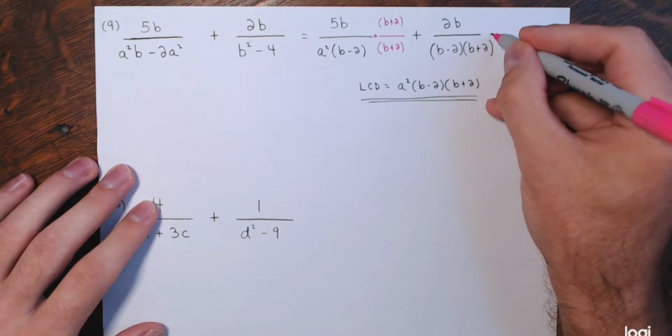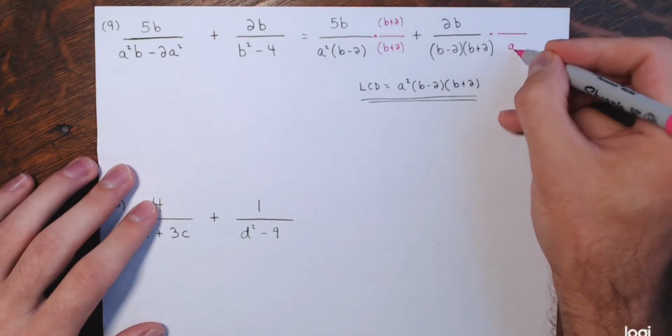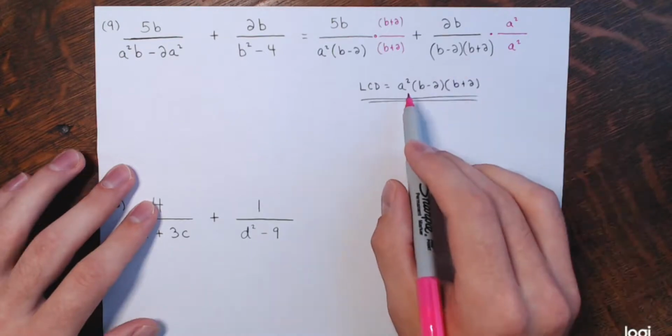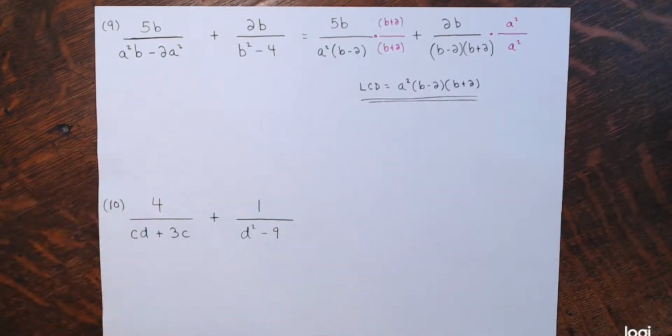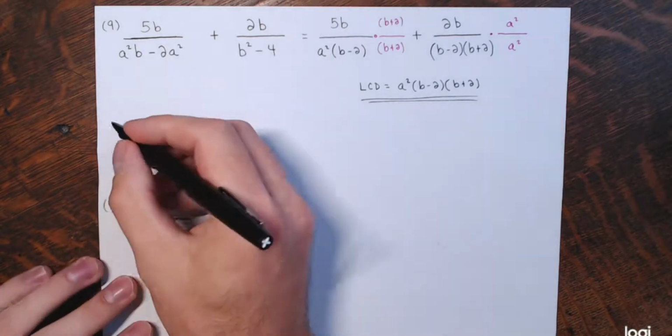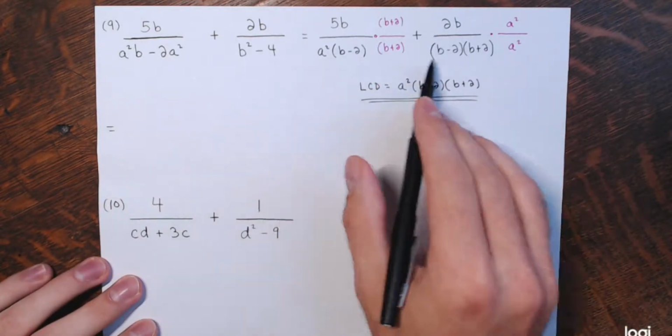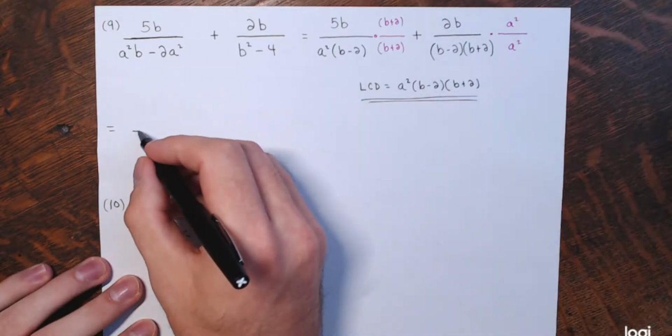And for the second fraction, the denominator is missing a squared. Right. So now both fractions have the same denominator. So I'm just going to put them together now.